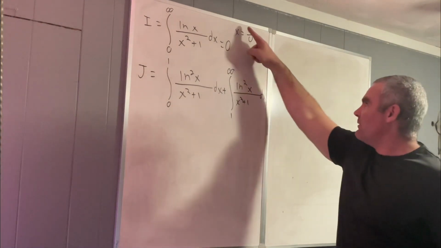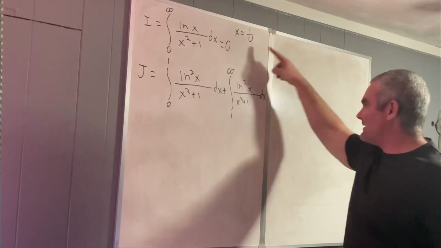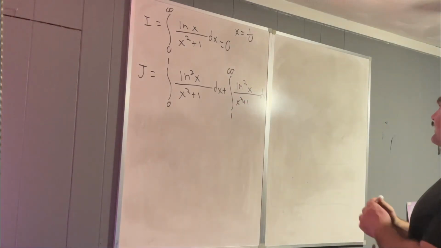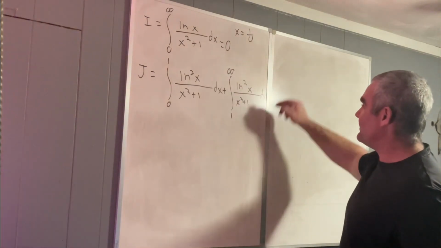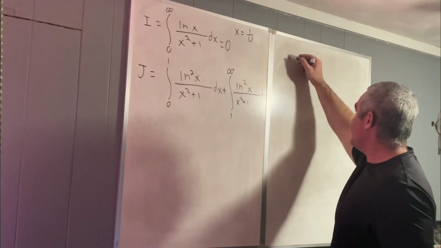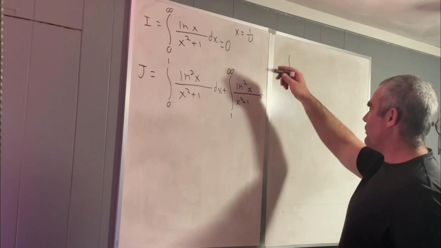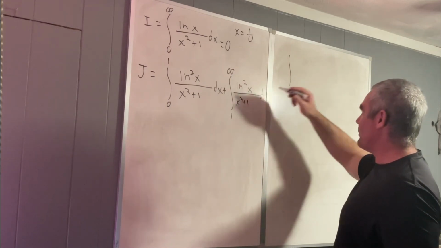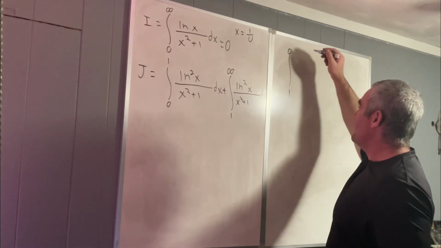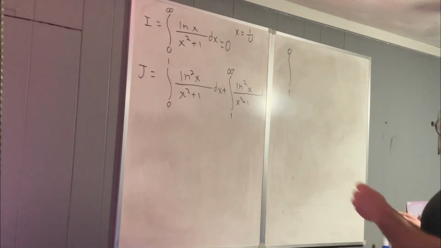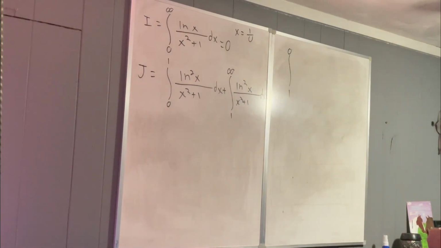Now let's go ahead and make this same substitution into here. So let's see what we get. If we made that substitution just into here, we would get the integral from, let's see, 1 over x is equal to, 1 over 1 is 1, and 1 over infinity is 0. And then we'd have the natural log squared of 1 over x. That would be negative natural log x, squared.